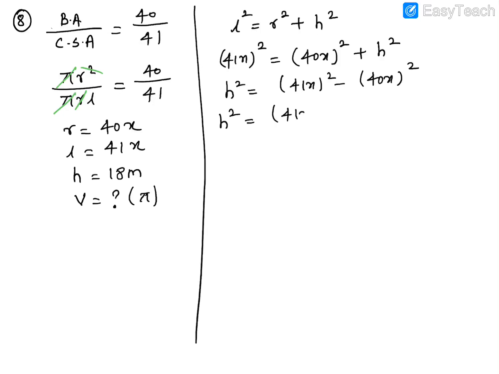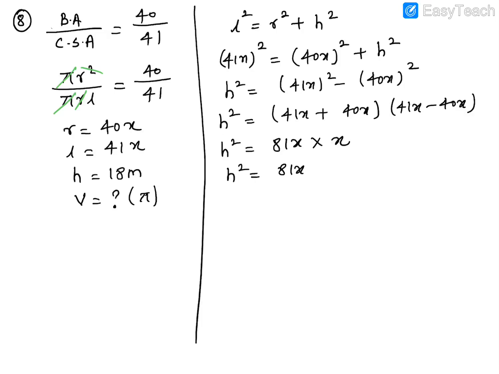So it will be 41x plus 40x, 41x minus 40x. So what will be h square is equal to 81x into x. H squared is equal to 81 x squared. H is equal to 9x. Okay, but h is given how much to us? 18. So 18 is equal to 9x, so x is equal to 2.